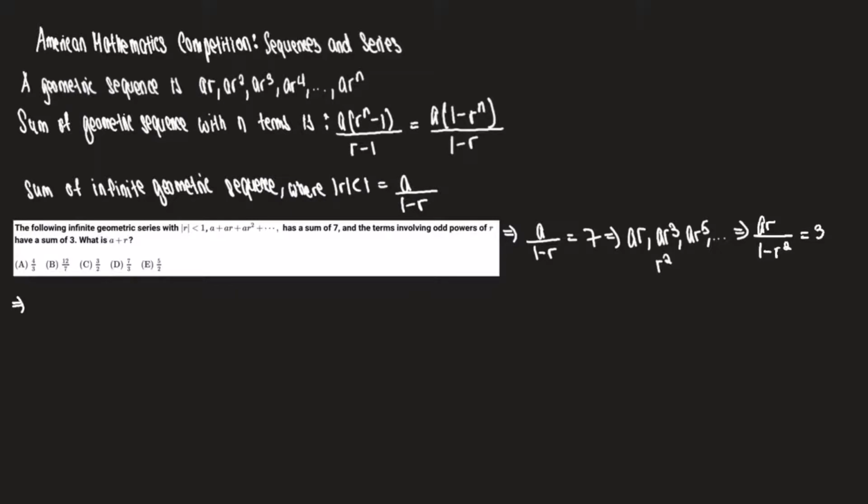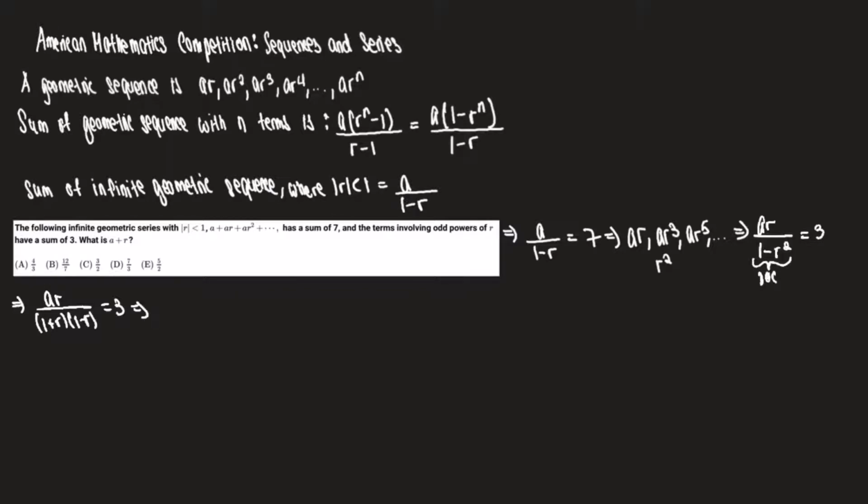From there, applying the difference of squares, we get ar divided by (1 plus r)(1 minus r) equals 3.